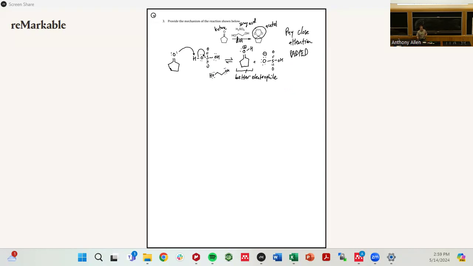If it's OH, if it's neutral, it has the two lone pairs, but it doesn't have an excess of them, like having a formal minus charge. But it's nucleophilic enough now, such that it can do what to the carbonyl? Attack it. So where does my arrow need to start? Yep, at the lone pair of the oxygen. Where does it need to end? Yep, the carbon of the carbonyl.